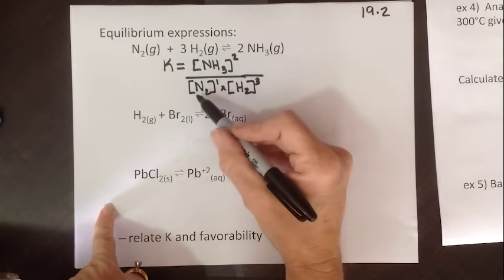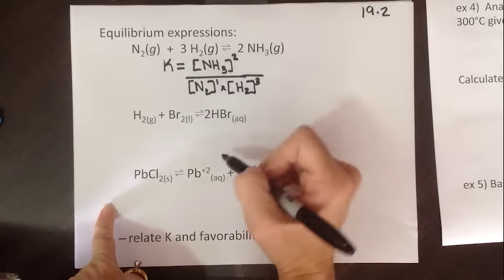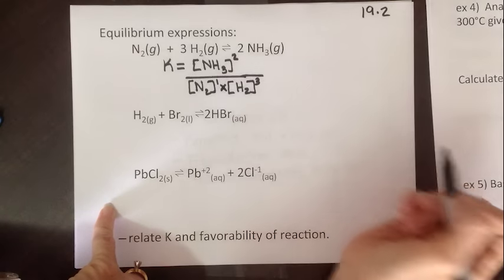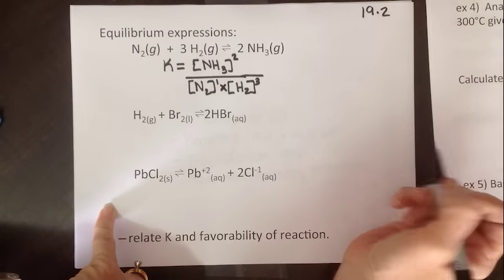So it's products over reactants raised to the coefficient power. If there's more than one on either side, we multiply them.